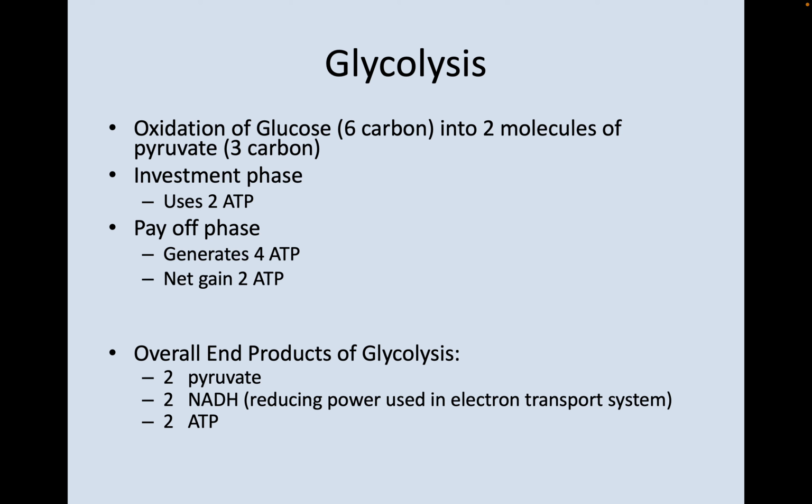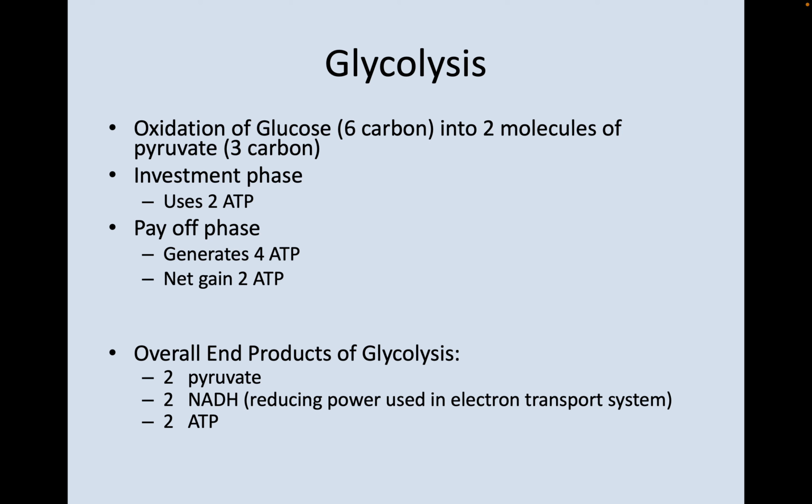All right, so oxidation of glucose. Glucose is a 6-carbon sugar, remember, into 2 molecules of pyruvate. So glucose is broken down into 2 3-carbon molecules. Is that anabolism or catabolism? Good, we're breaking it down and releasing energy, so it's catabolism.